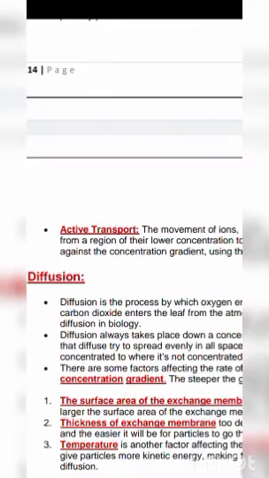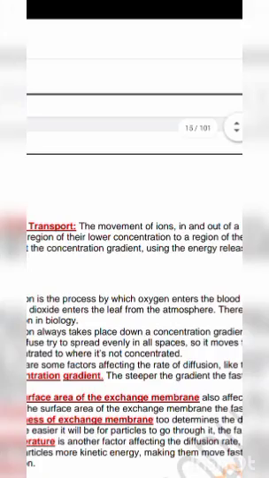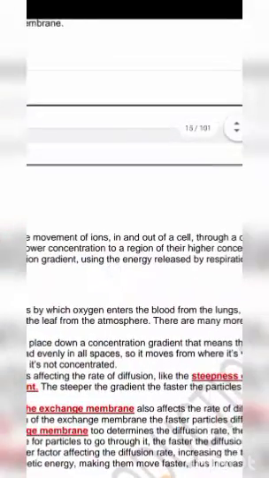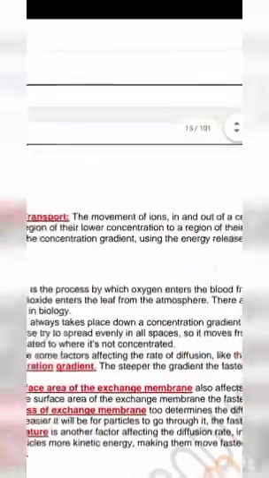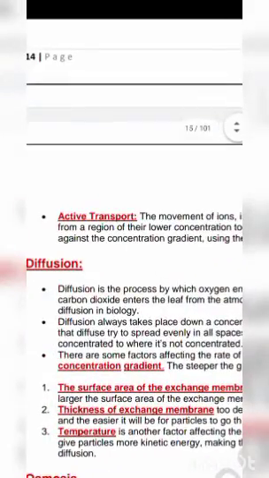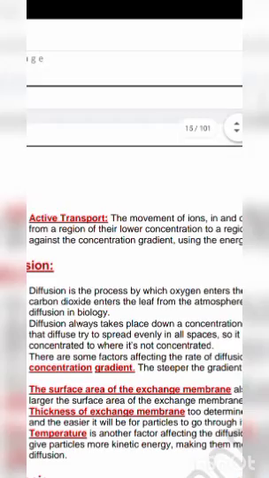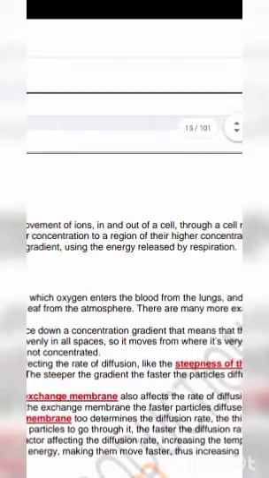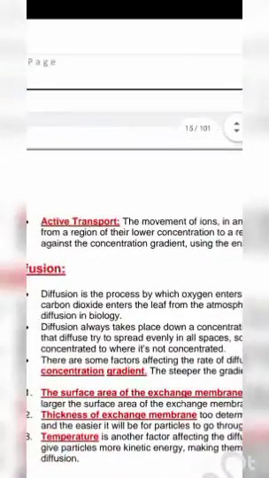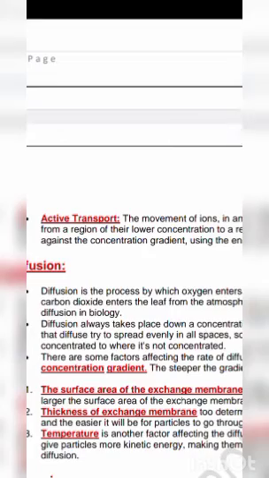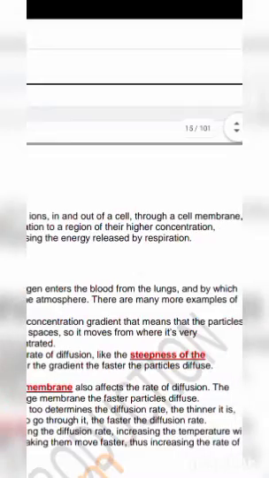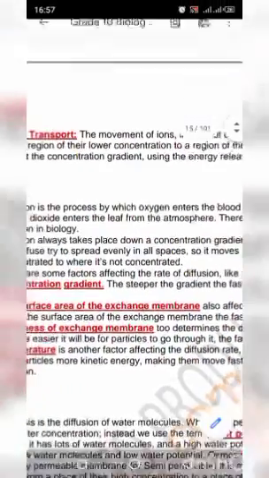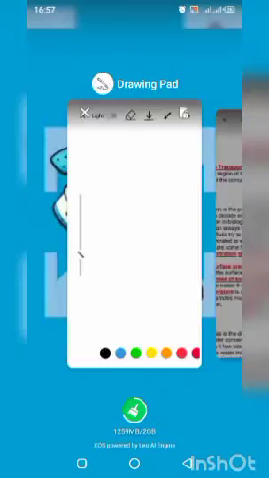Now, active transport. As it is read, it is the movement of ions in and out of a cell through a membrane from a region of their lower concentration to a region of their higher concentration, against the concentration gradient, using the energy released from respiration. Here is where it differs from osmosis and diffusion.